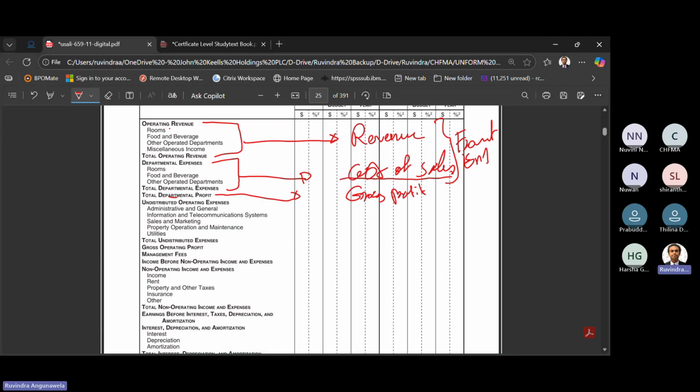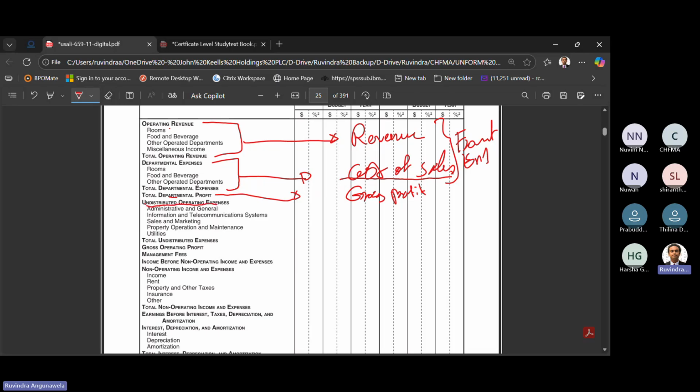Then I spoke to you about overhead expenses. These expenses are normally incurred by the backend operations. As you can see, here it is referred to as undistributed operating expenses.